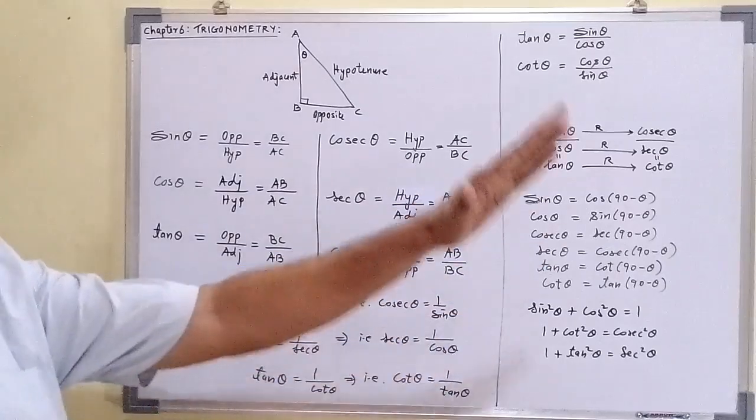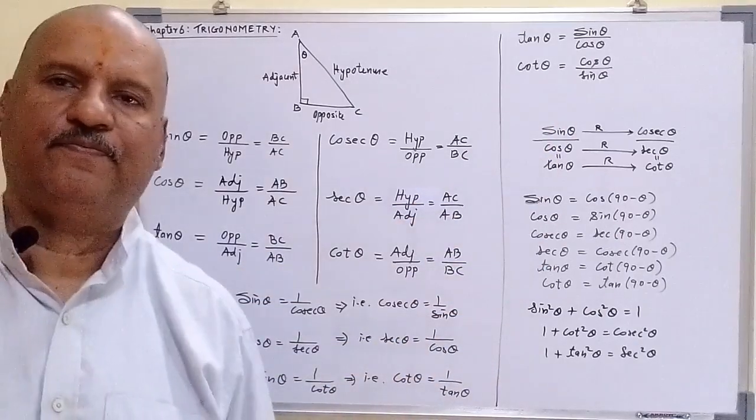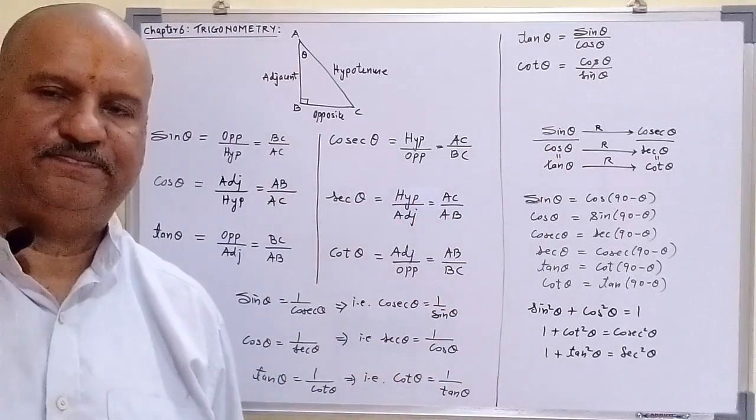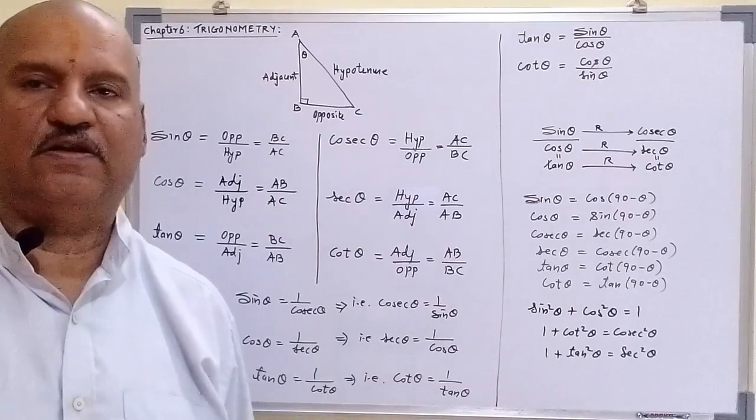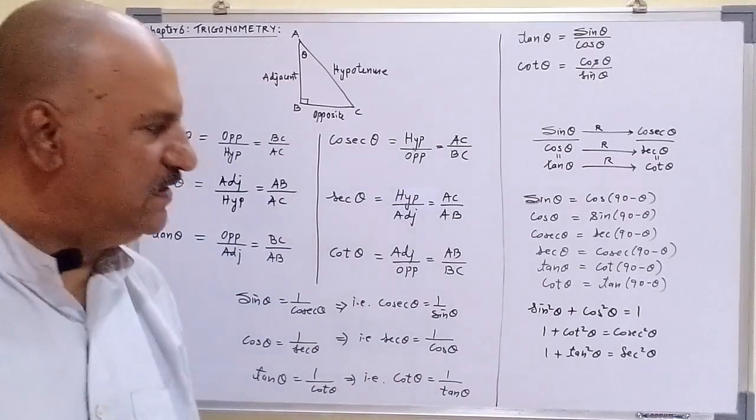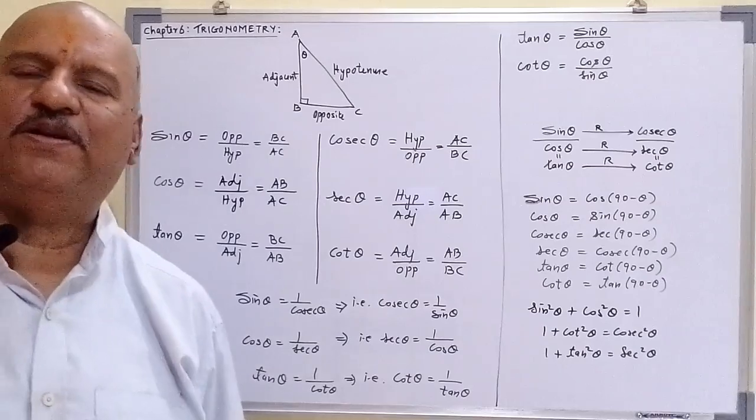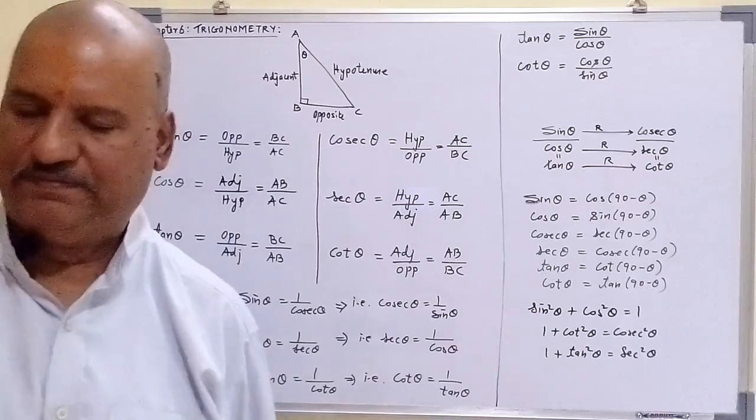All this you have to keep in mind. उसको अच्छी तरह से लर्न कर लो. इजी है, प्रैक्टिस करोगे ट्रिग्नोमेट्री की 5-6 बार तो ऑटोमेटिकली लर्न हो जाएगा.